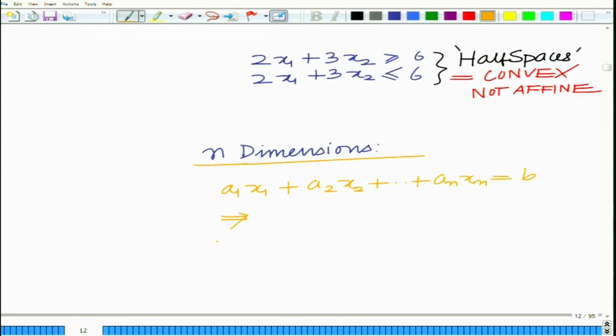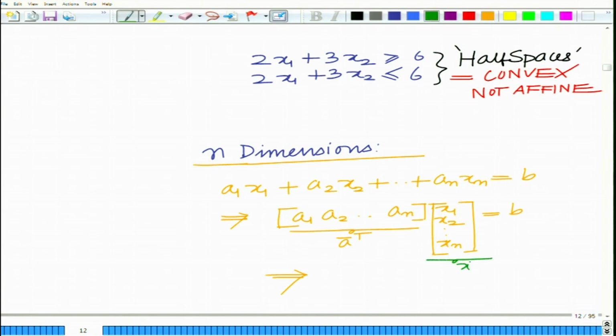If I write it in vector notation that we are familiar with, I can write it as the row vector a bar transpose times the column vector x bar equals b.